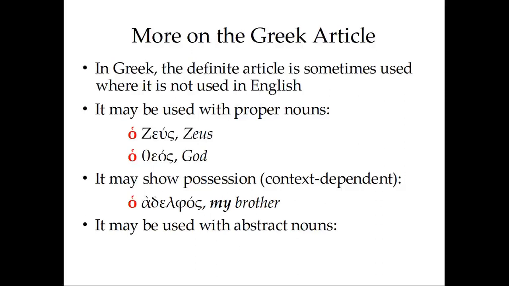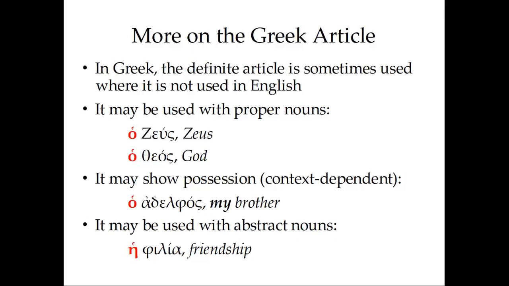The definite article may also be used, and it's very frequently used in fact, with abstract nouns. So for instance, he philia. Philia is really the basic word for friendship, but if you're talking about friendship in the abstract, and usually you are, it's going to be he philia. We would not translate this as "the friendship," as any particular friendship, but just as friendship, the abstraction.